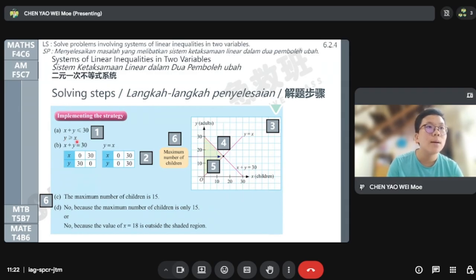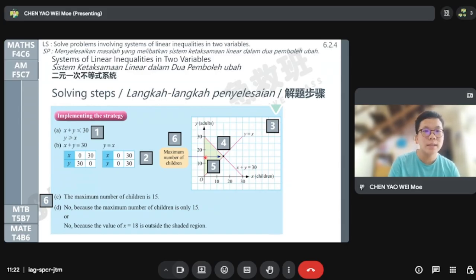For this one, y is larger than x, meaning the value must go here. Both share the common region here. So you need to shade the region like this. You can shade it with lines here, or you can just blacken it also, no problem, but make sure you plot it.